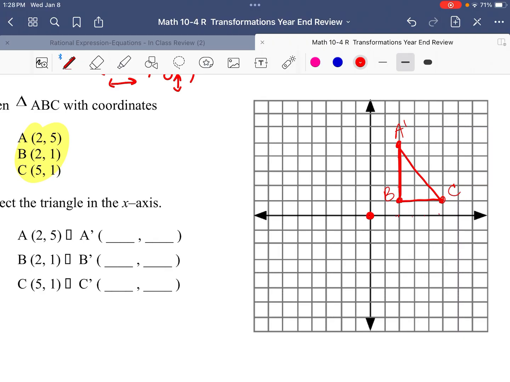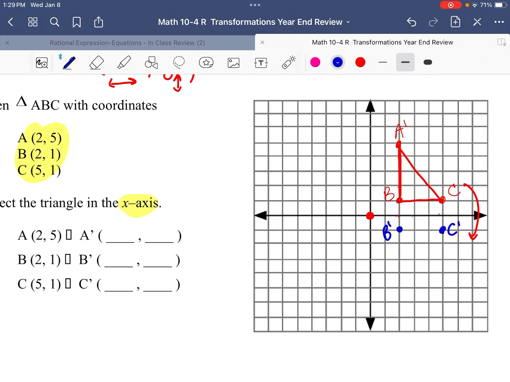Now what are we doing? We're reflecting it in the x-axis, so that means this is going down into that coordinate there. So let's count how far it is from that axis. So B is 1 away, so B prime will be 1 away on the other side. C is 1 away, so C prime is 1 away on the other side.